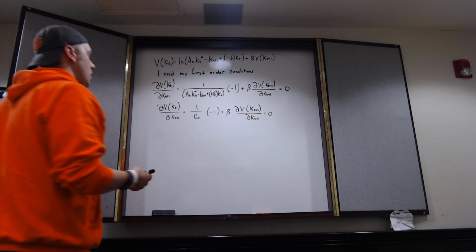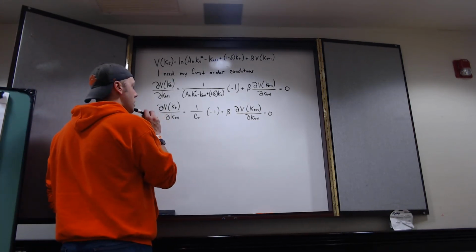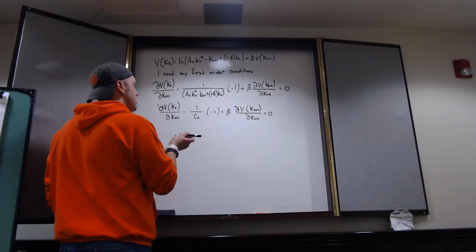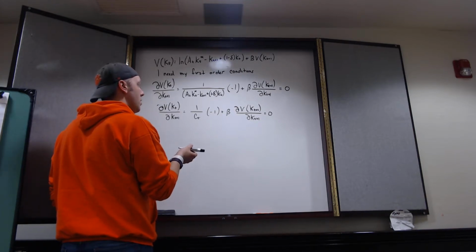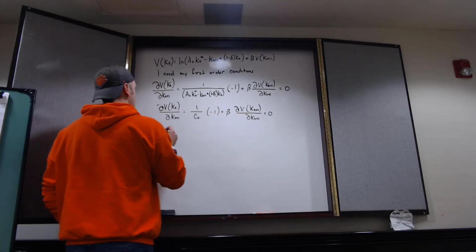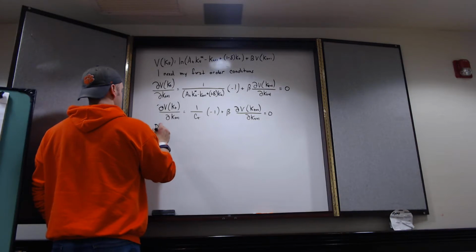Well, we could start by going, okay, I could just get dv kt over d kt plus 1. So we'll say problem.